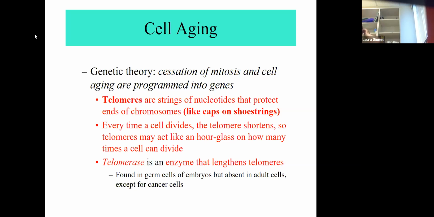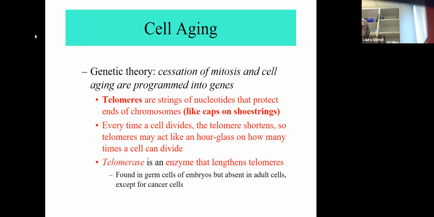As they were washed or beat up, the tips kept your shoestring from unraveling, because once that plastic became fractured or pulled off, the end of your shoestring would start to come apart and unravel. You could always trim it, maybe put some glue on it, but these telomeres are synonymous with, or an example of that would be, the caps on shoestrings.